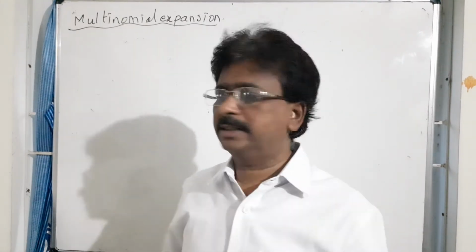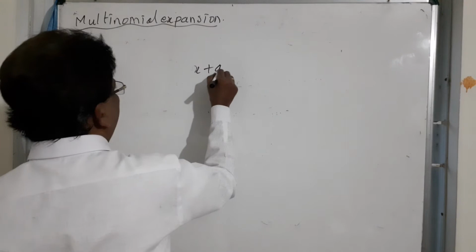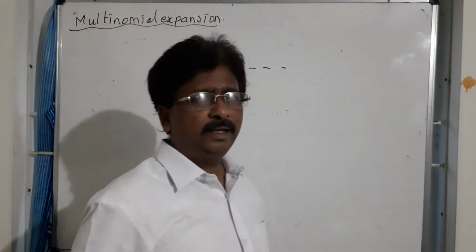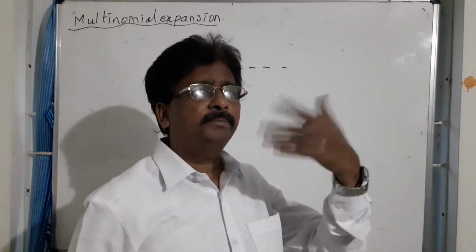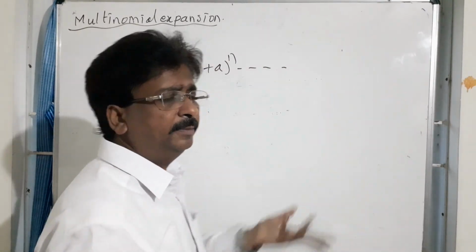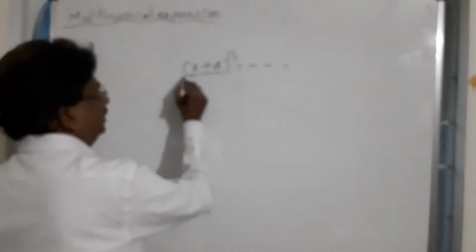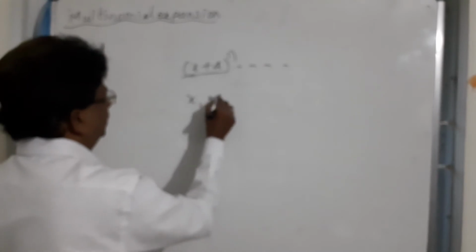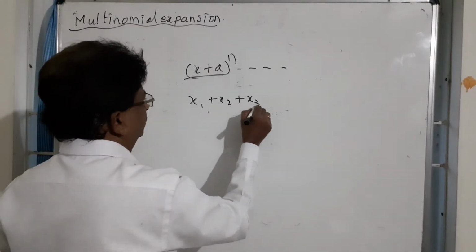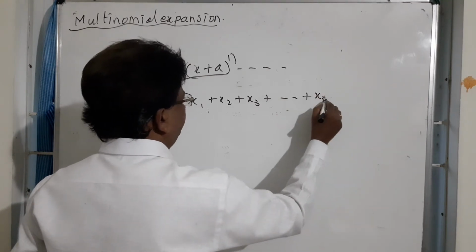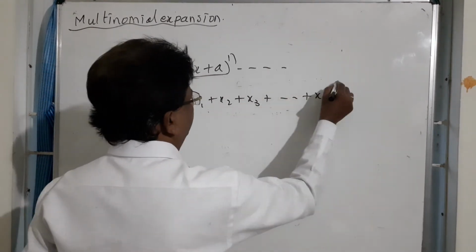Whereas in the binomial expansion, we mention the general term according as the term value, term number 1, 2, 3, 4, 5 up to r plus 1. In case of the multinomial expansion, suppose in the base there are so many terms, x1 plus x2 plus x3 and so on plus xk, whole to the power of n.